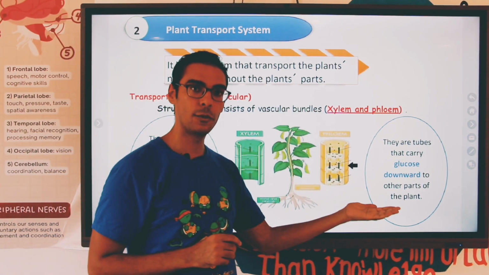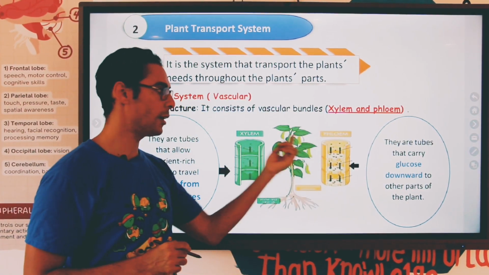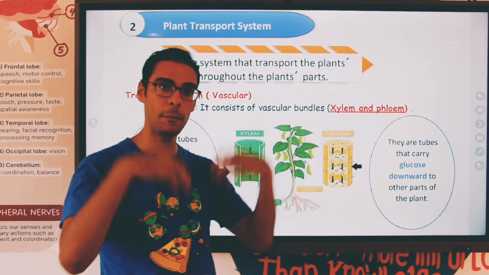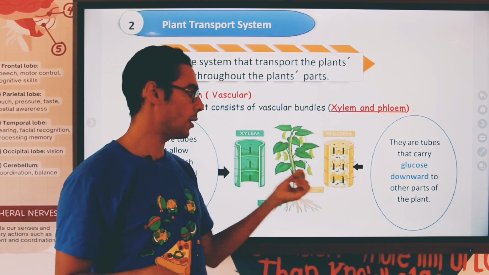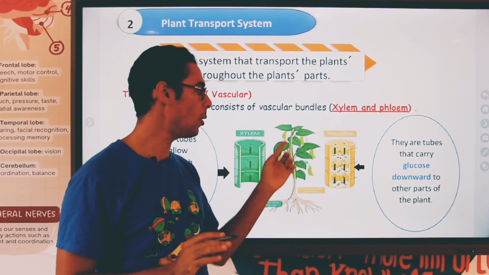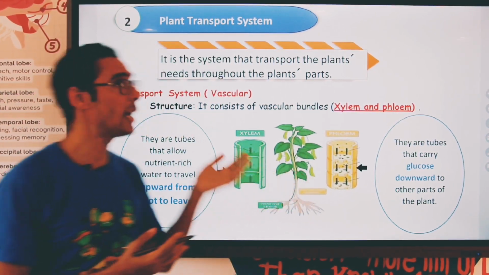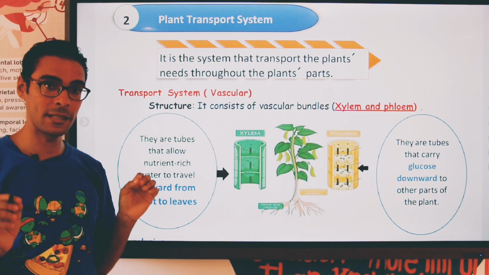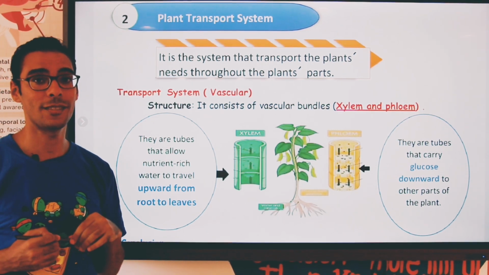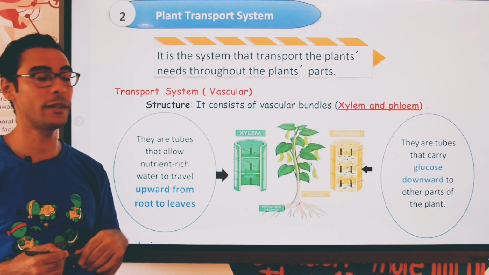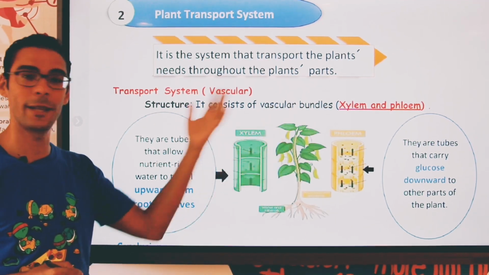The phloem is for food created by the plant leaves, and the distribution is upward and downward. This makes sure all plant parts get their needed food. We call this the plant transport system, because it's responsible for transporting the food and water all over the plant parts.